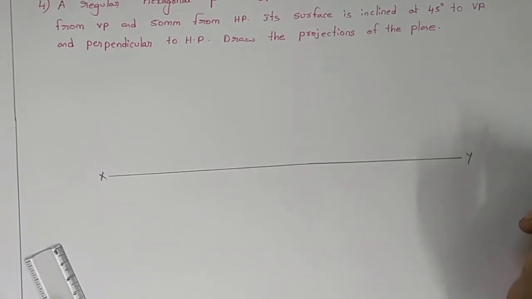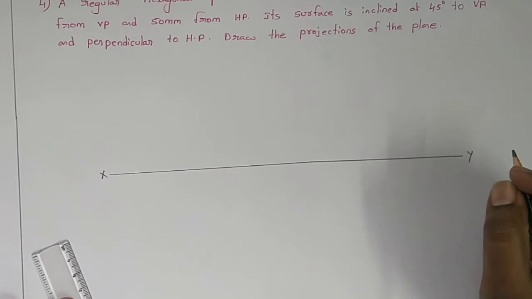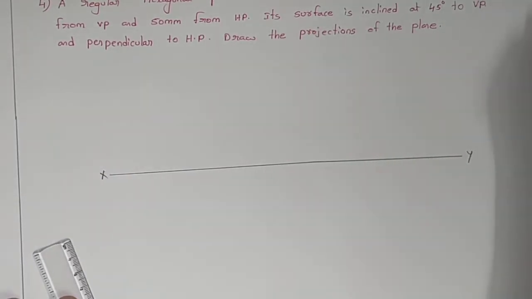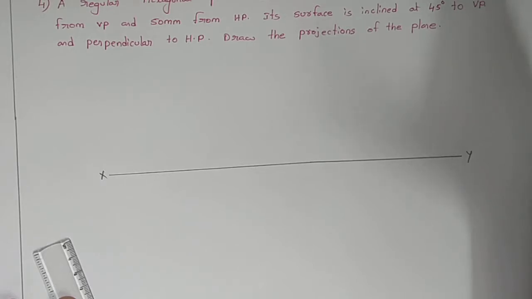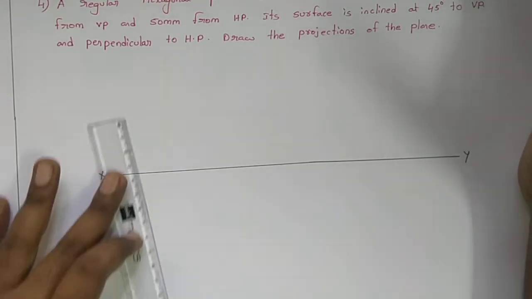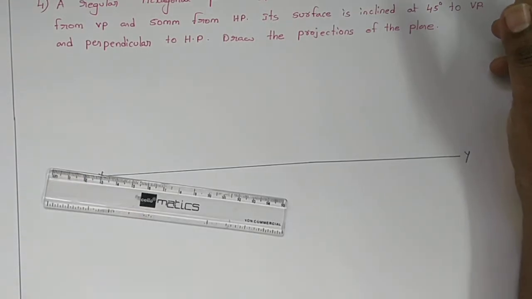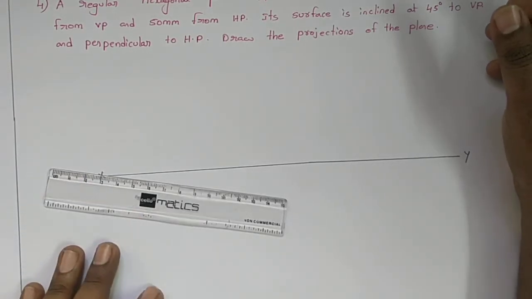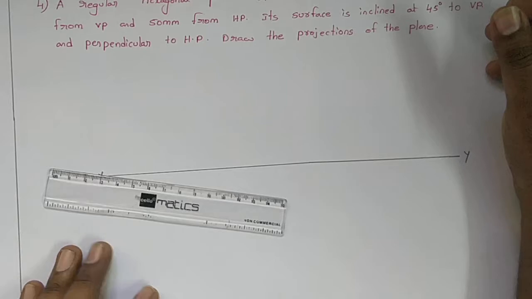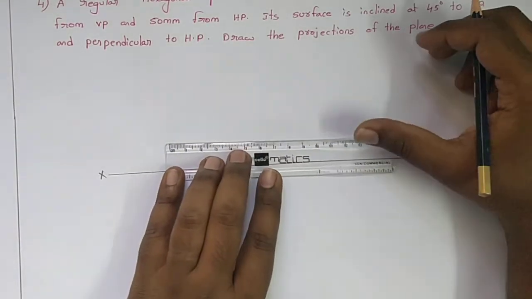Here the true shape is projected in the front view, because the surface of the hexagonal plane is parallel to HP and perpendicular to VP. That is the first condition, so the actual shape is on the vertical plane.